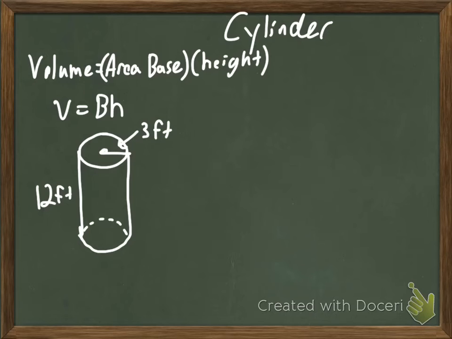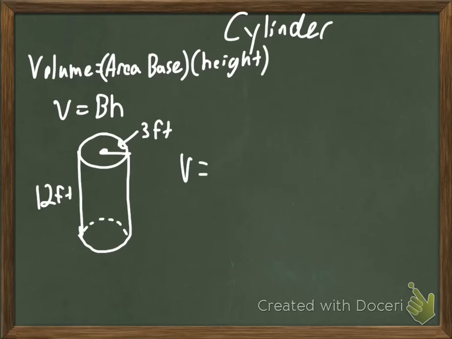Now the nice thing about prisms and cylinders is their volume formulas are exactly the same. The volume for a cylinder is area of the base times the height. So for this cylinder, our base is a circle, as with all cylinders.